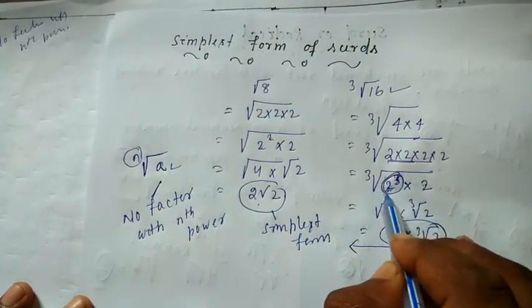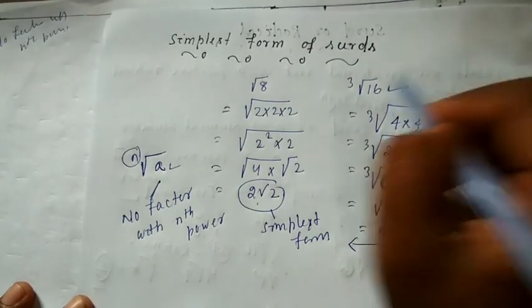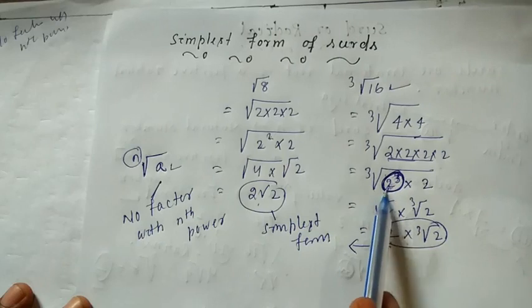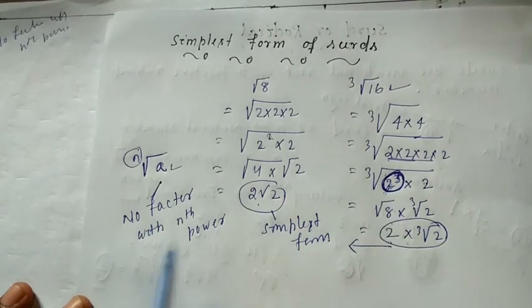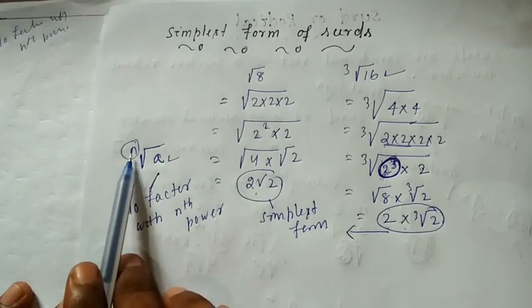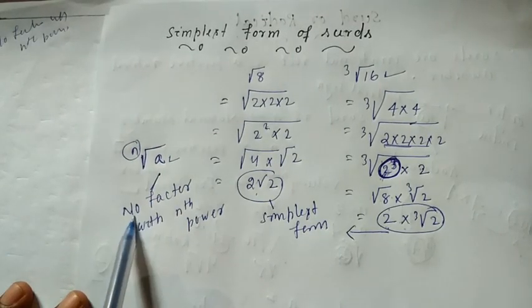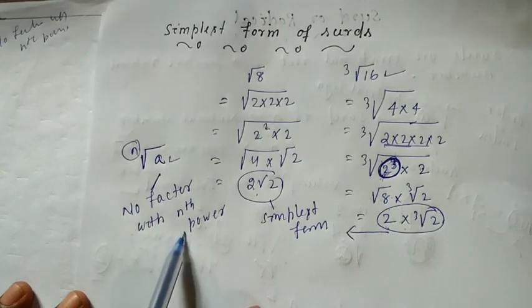That means the radicand has a factor in the form of a power, but the nth root of a will be the simplest form only if the radicand has no factor with nth power.